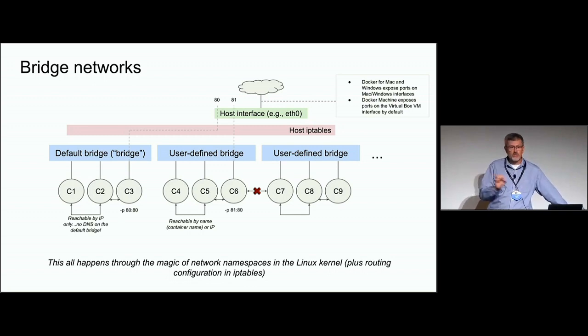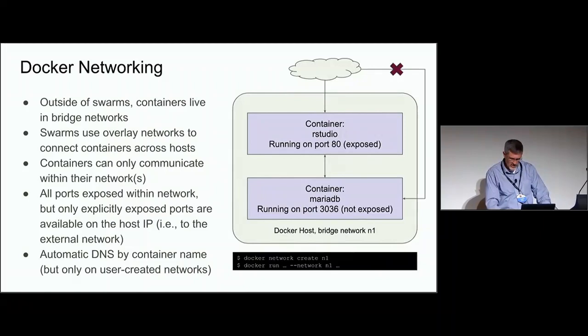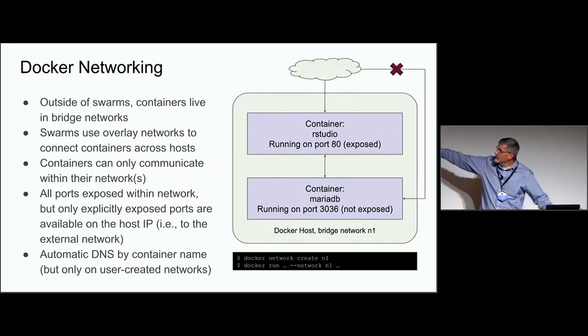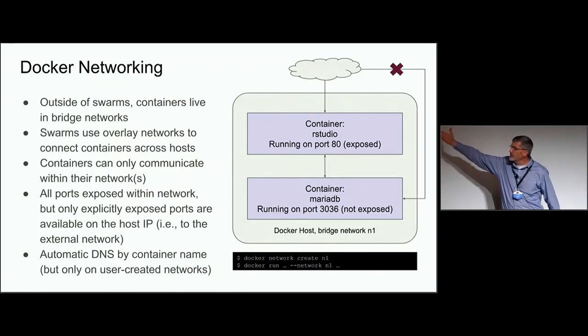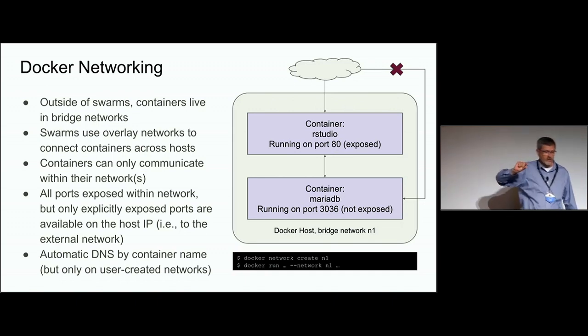And then you can use the --network option on docker run to put those containers on that network. And I've got those commands here. So it's just real simple, docker network create and the network name, and then when you run it, you put the container on that network by specifying it with the network option.